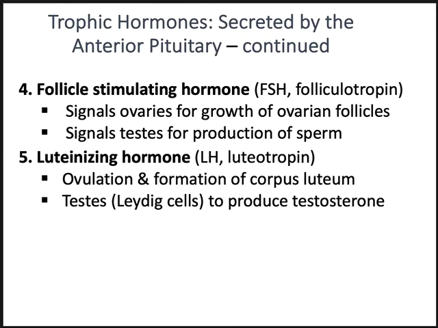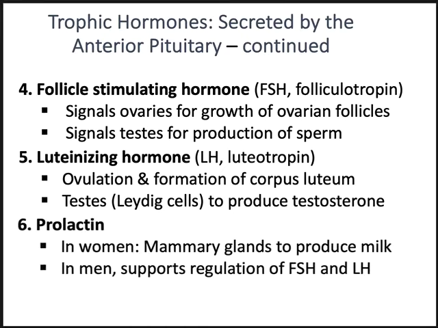Okay, LH is also important for the testes to produce testosterone. So here we see a difference. The FSH is mostly for sperm production, whereas LH is mostly for testosterone. Okay, and now prolactin.